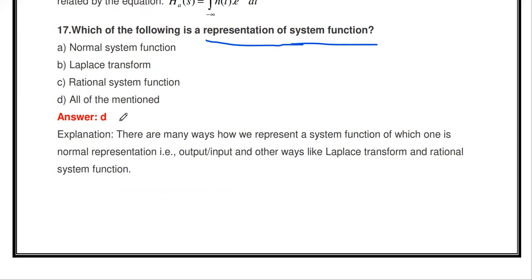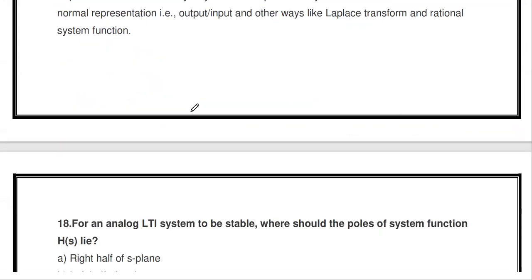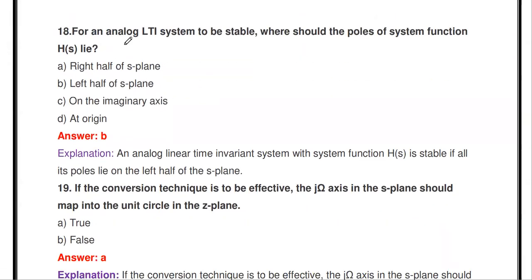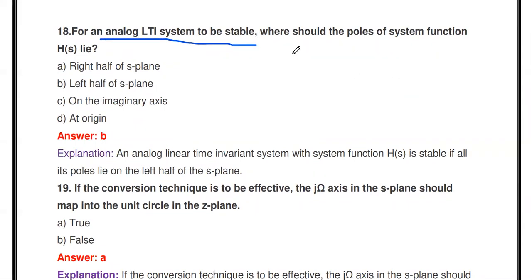All of the mentioned. There are many ways to represent the system function. One is simply output by input, or the Laplace transform of the output by input; all are the system function.